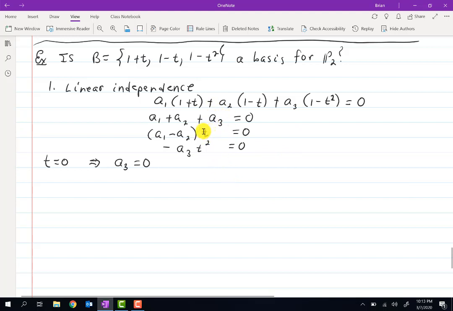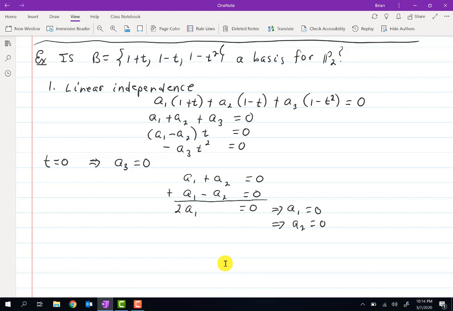By the way, when t is equal to 1, we automatically get a1 minus a2 is equal to 0 as well. So I'll have a1 plus a2 equals 0. Then a1 minus a2 is equal to 0. Add them together. You get 2a1 equals 0. So a1 equals 0. And then from this equation right here, we'll see that a2 is equal to 0.